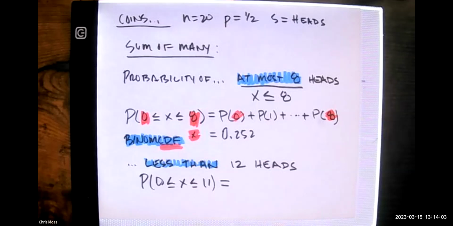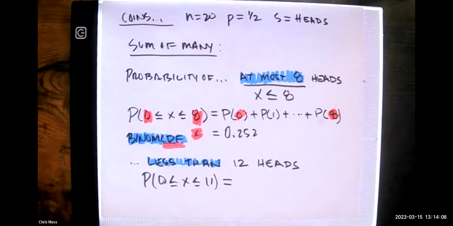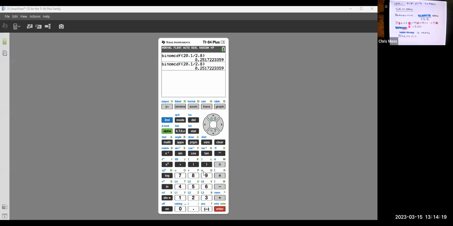So, sum of many, binomial CDF, probability of less than 12 heads means somewhere between 0 and 11 heads would be what I see. Let me come back to my calculator and pick it up. CDF, 20 trials, 1 out of 2. This time the value is 11.